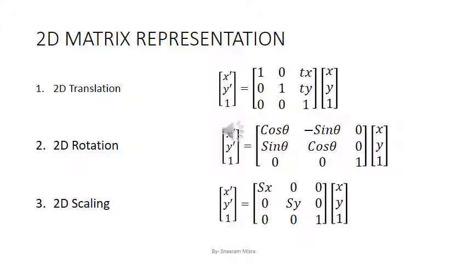Here tx and ty are the translation values in the x and y direction. 2D rotation: [x' y' 1] is equal to [cos theta, -sin theta, 0; sin theta, cos theta, 0; 0 0 1] into [x y 1]. 2D scaling can be written as [x' y' 1] is equal to [Sx 0 0; 0 Sy 0; 0 0 1] into [x y 1]. Here x', y', 1 are the new coordinates, and x, y and 1 are the original coordinates.